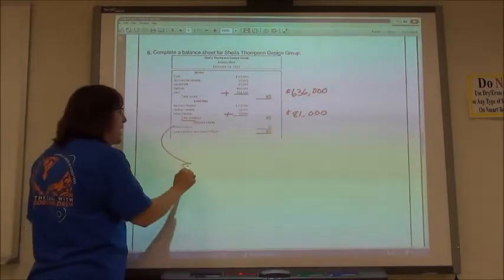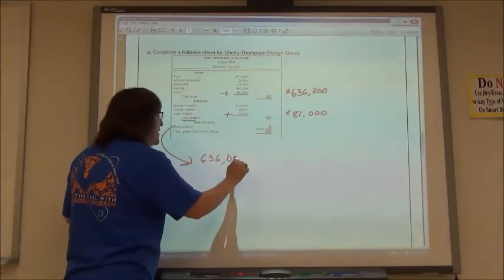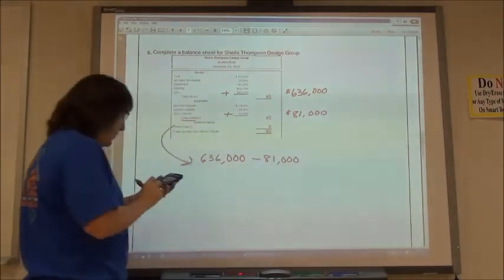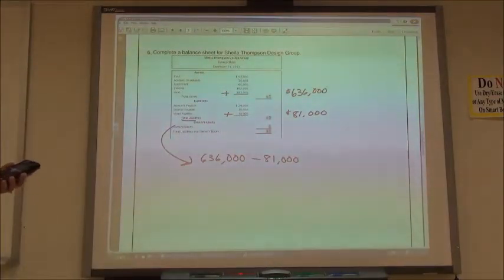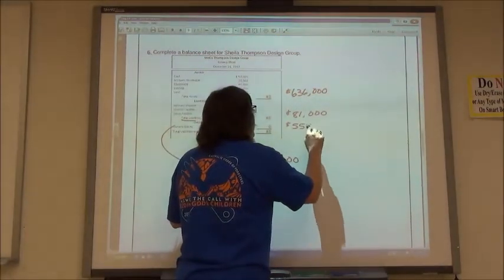To find my owner's equity, I'm going to take my assets, $636,000, and subtract off my liabilities. So if I take my $636,000 and I subtract off my $81,000, I get $555,000. So my owner's equity, $555,000.